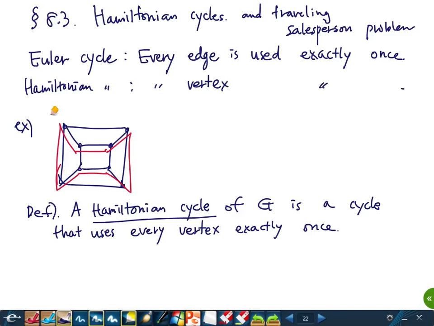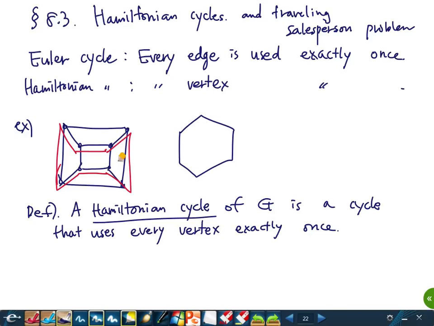That means it's kind of like an n-gon. The Hamiltonian cycle is really a cycle that looks like this. So there are usually fewer edges in a Hamiltonian cycle. It may look simpler than Euler cycles, but it's much more difficult.